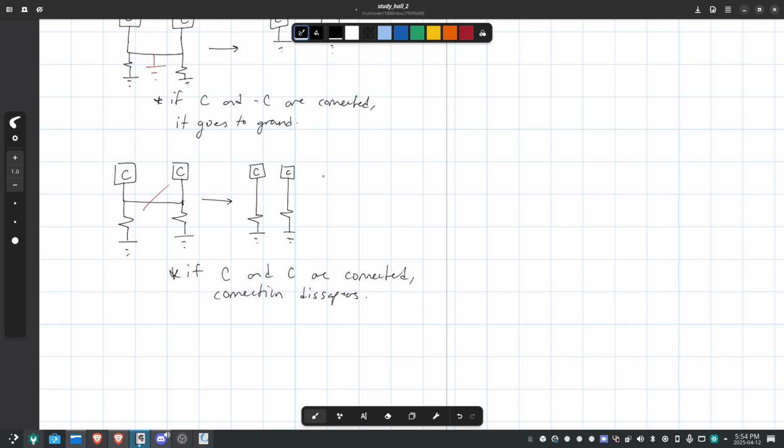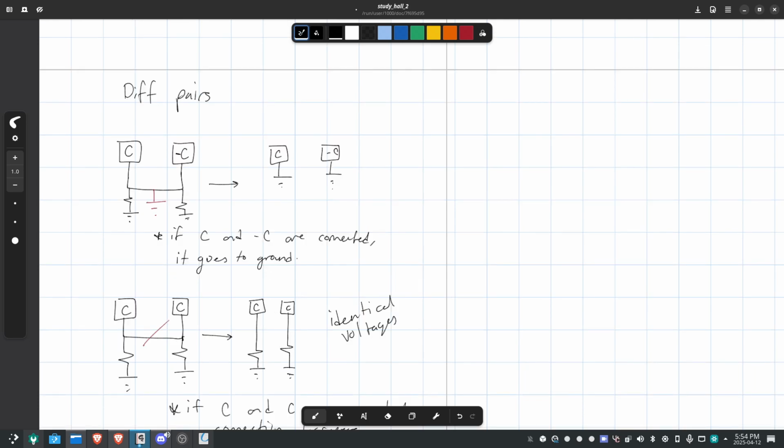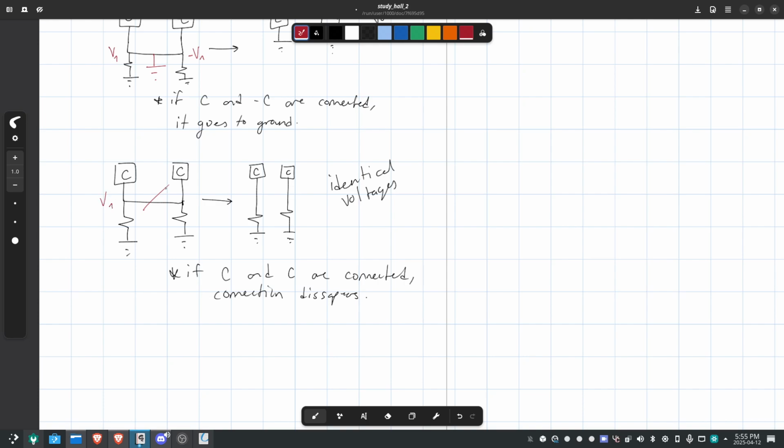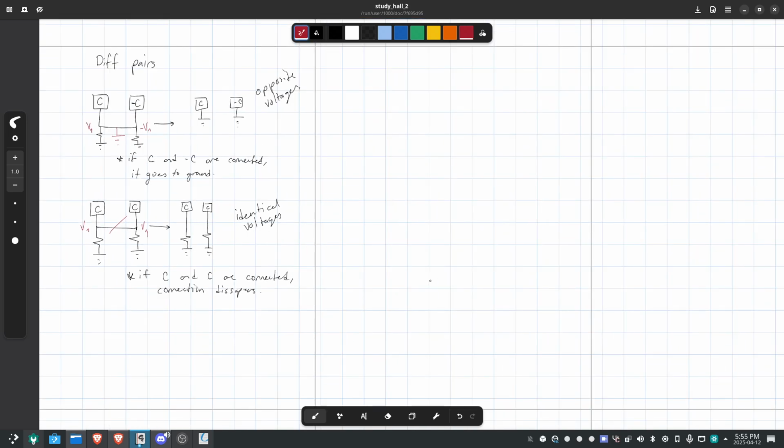So this is identical voltages, and this is opposite voltages. This would be some voltage 1, and this would be negative voltage 1, so that cancels out. And this would be some voltage 1, and this would be some voltage 1, so nothing happens. And now we're done.